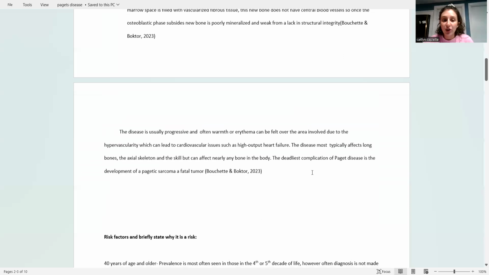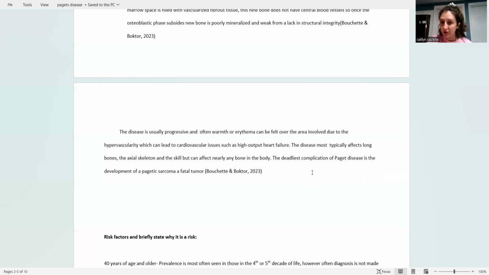Now, the disease is usually progressive, and often during a period of exacerbation, the bone that it's occurring in is warm, has some erythema, and it can be felt over the area. That's due to the hypervascularity, which can lead to cardiovascular issues such as high output heart failure.